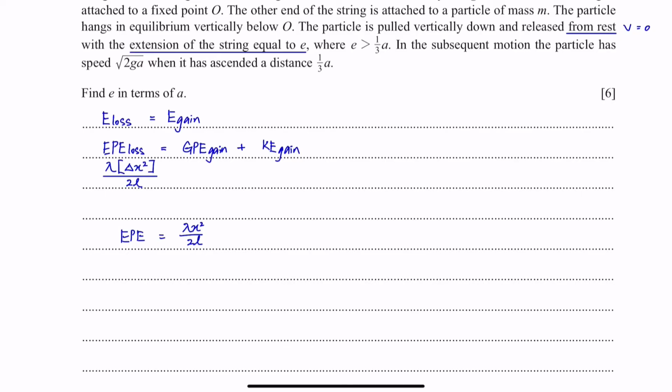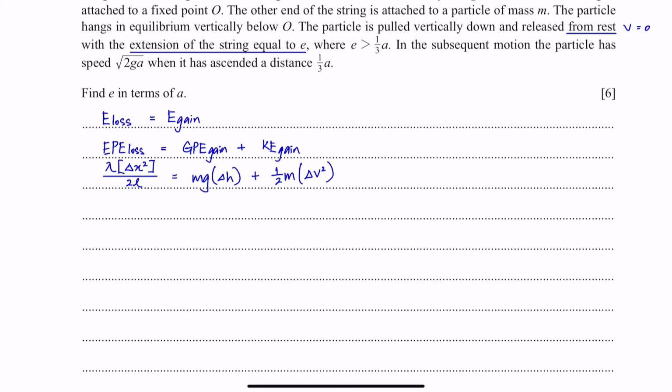But now that you want to find the change in the EPE, so whatever is changed is just this over here. And if you want to find the change, you just have to find the change in the x squared. Okay? And for the gravitational potential energy, we have mgh. Kinetic energy, we have half m change in v squared.